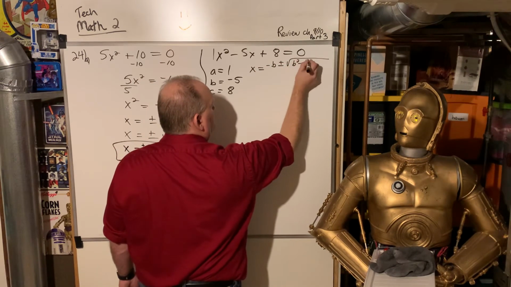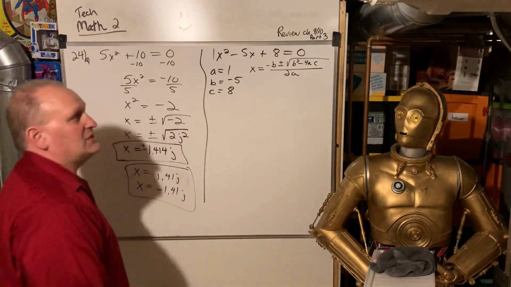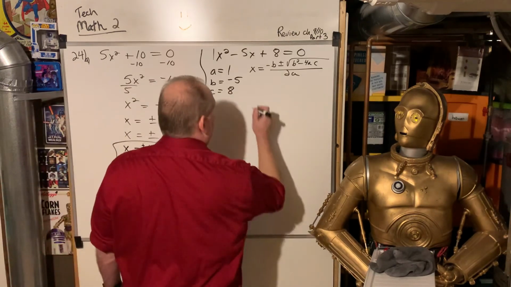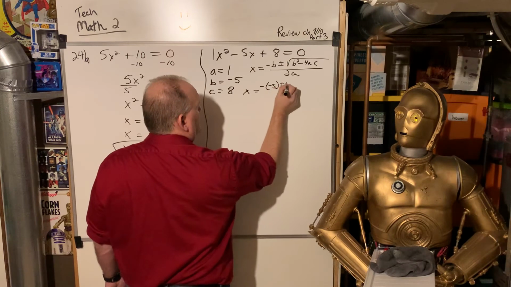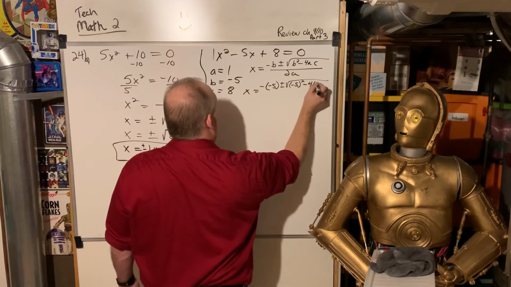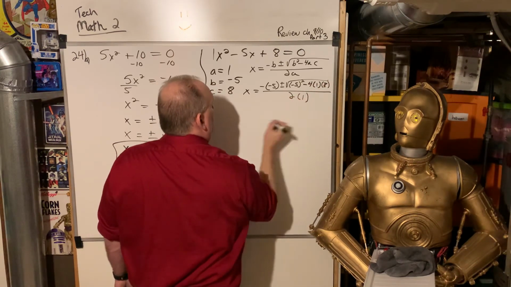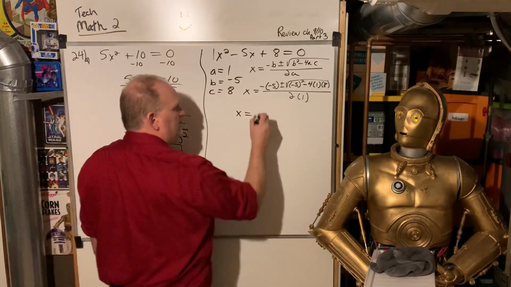The opposite of b, plus or minus the square root of b squared minus 4ac all over 2a. Quadratic formula, and plug and chug.